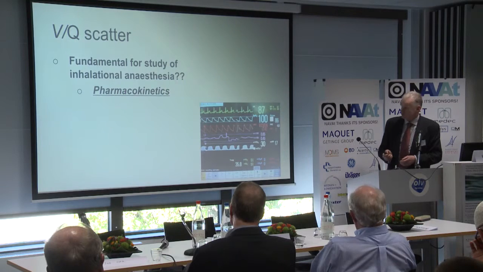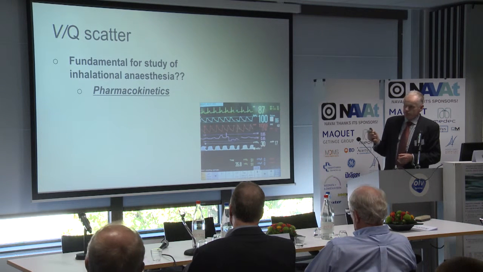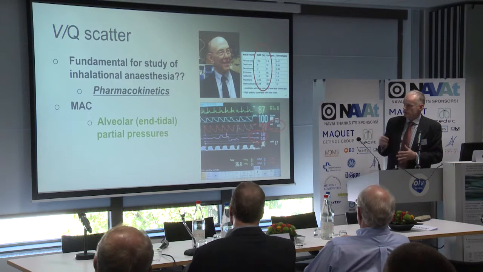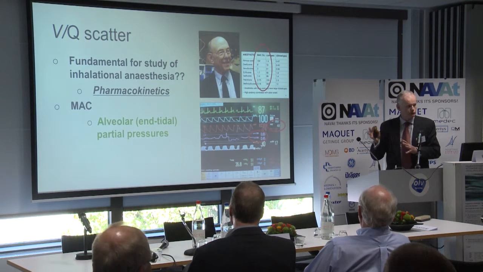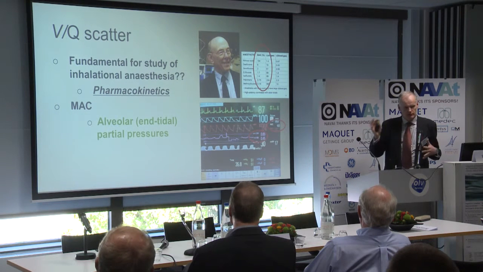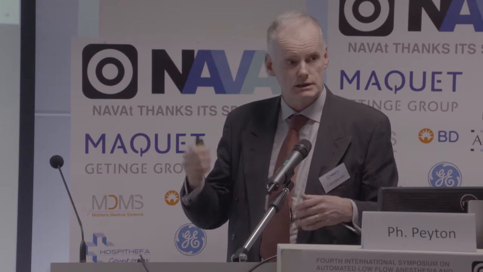So I'll just conclude with a few general remarks about this whole field, which strike me in my work on this over the years. As I said, VQ scatter is pretty fundamental to the pharmacokinetics of the agents that we use. The concept of MAC has been a useful clinical tool, but I have to say, in terms of understanding how our agents behave in the presence of VQ scatter, it's been a bit unhelpful, because the place of considering and measuring arterial partial pressures has been lost.